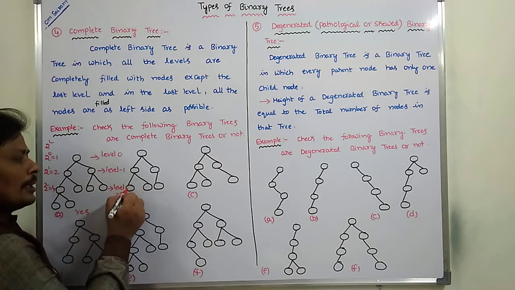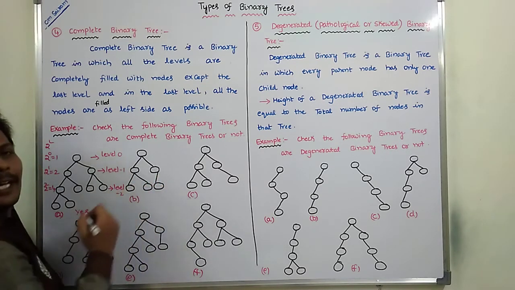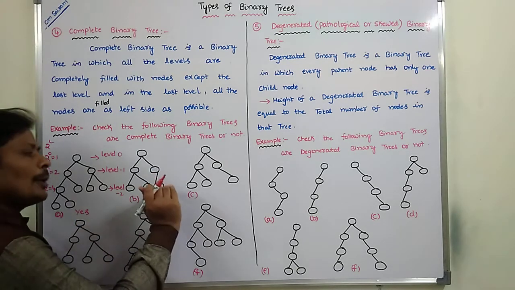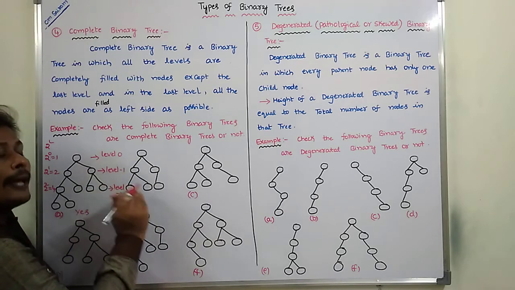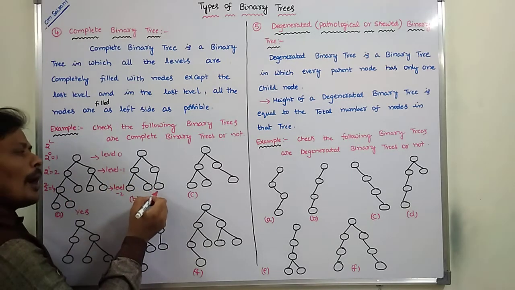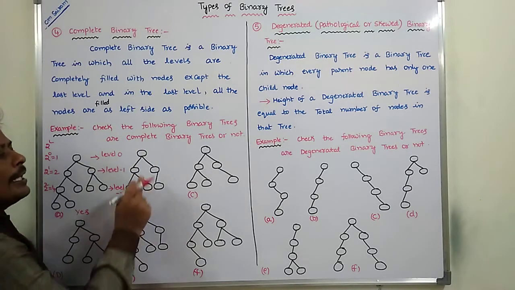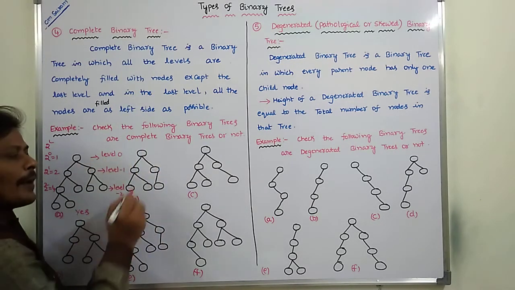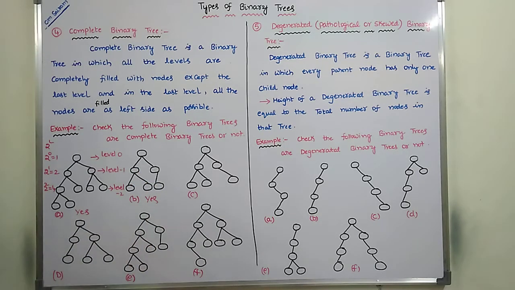For this node, left and right are filled. For this node, only left is filled. Yes, the nodes are filled in the last level as far left as possible. So the condition specified for a complete binary tree is satisfied. Yes, it is a complete binary tree.